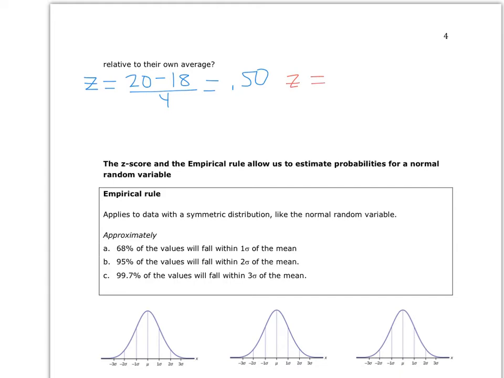She scored 17. Subtract her mean of 16, divide by 2, and we get 1/2 or 0.5. So it turns out that they scored the same compared to their own average.